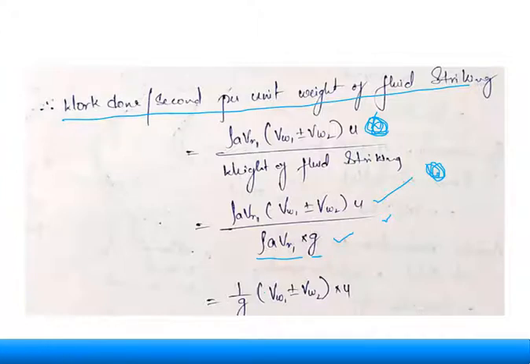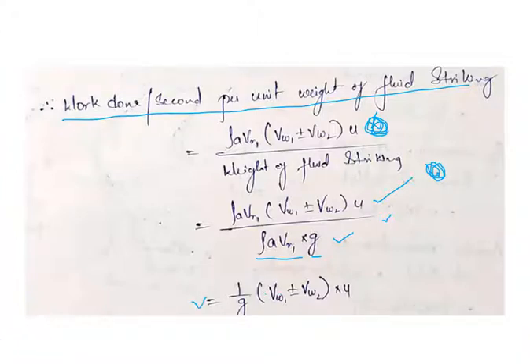And finally what you're going to get is 1 by g into vw1, wheel velocity, plus or minus wheel velocity at outlet, into blade velocity.